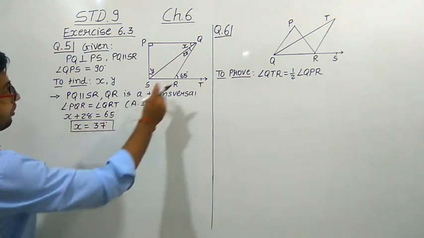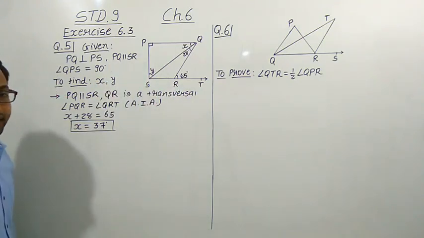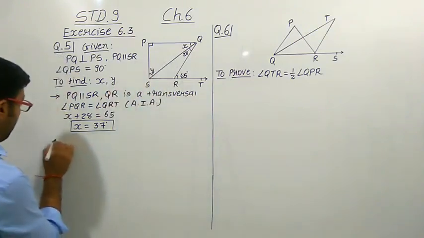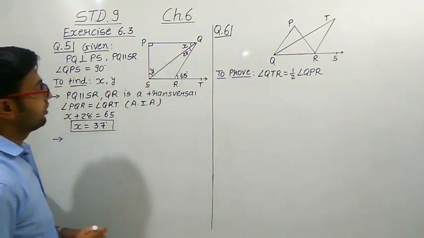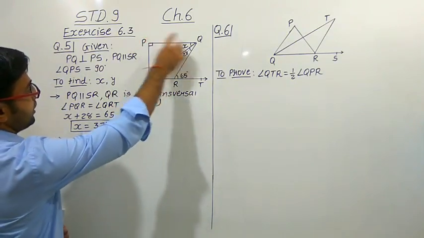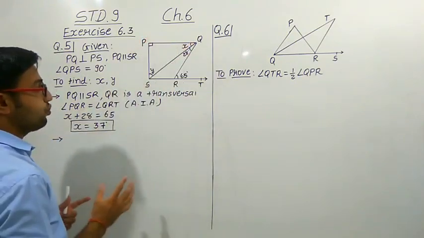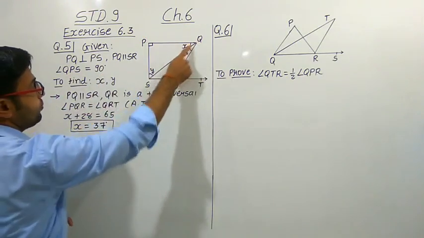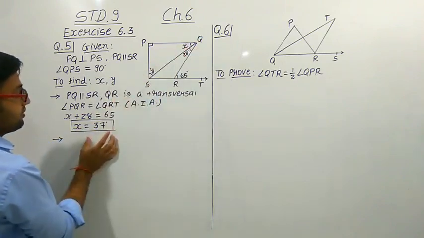Okay, now how do we find the value of Y? See here. Now consider this triangle PQS. Out of the angles, we have angle P as 90 degrees and angle Q, which is X, that is 37 degrees.